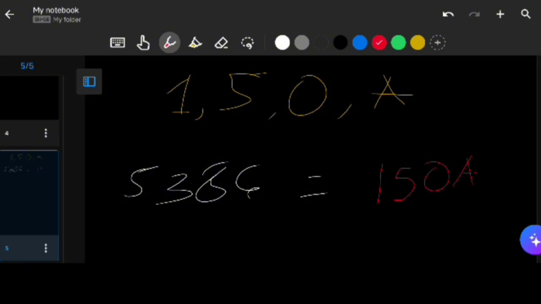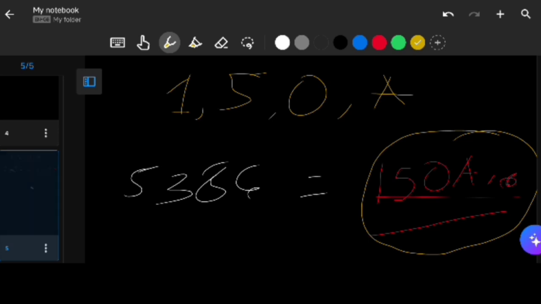And let's not forget to put our base, the hexadecimal base 16. So that's it. Our hexadecimal is 150A base 16.